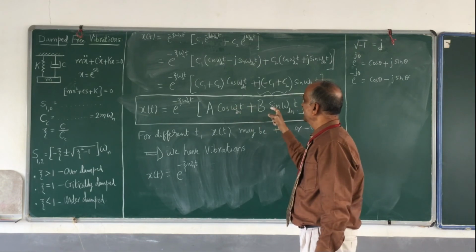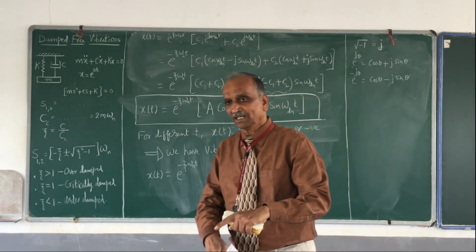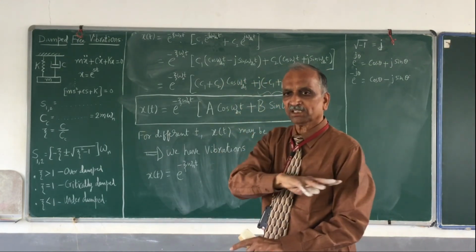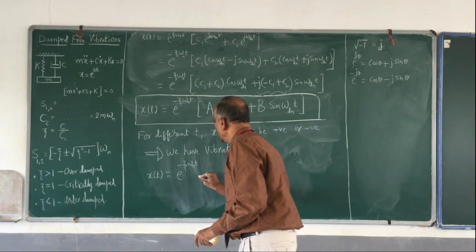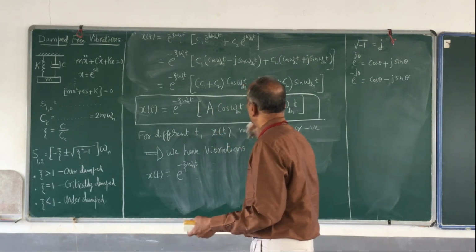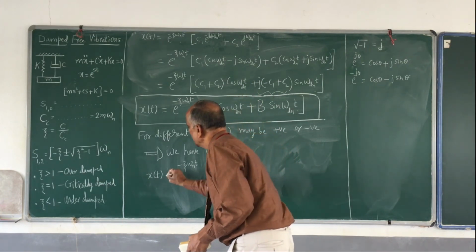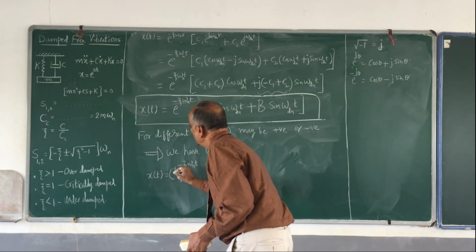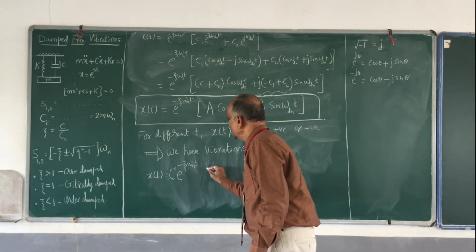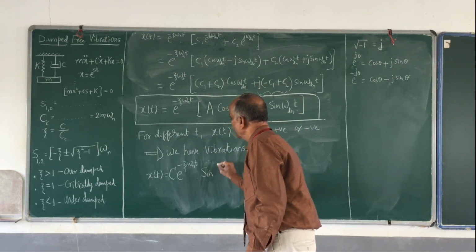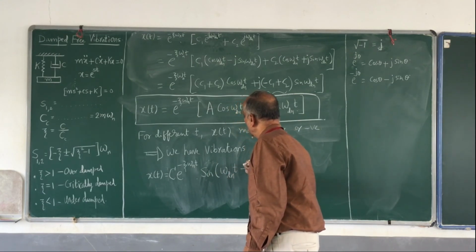Cos theta can be replaced by sin theta, or sin theta by cos theta, so this can be written with one constant instead of A and B: C into e raised to minus zeta omega n t into sin of omega dn into t plus phi.